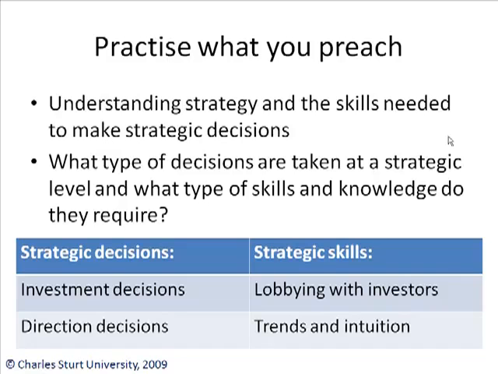For example, a strategic decision. Well, you probably have to make a lot of decisions on whether or not to invest, for example, in new services. So if you need to invest money in new services, you probably need some lobbying skills with potential investors, potential stakeholders. Also, you're probably going to make a lot of decisions that will alter the direction of the organization.